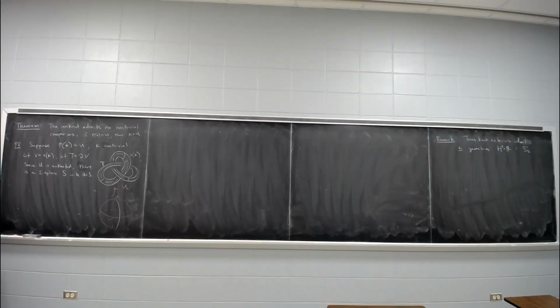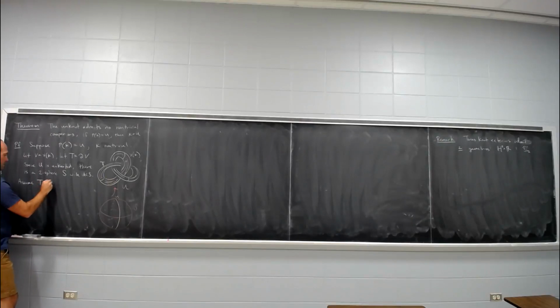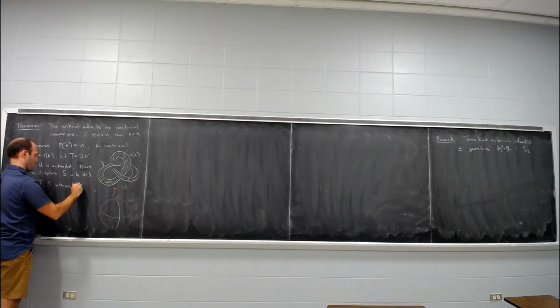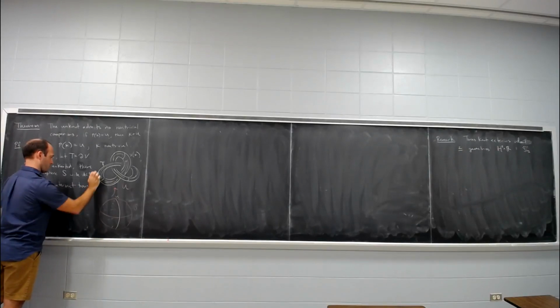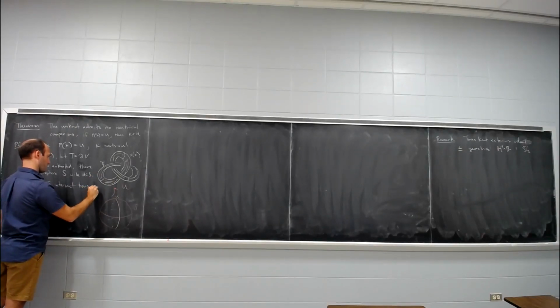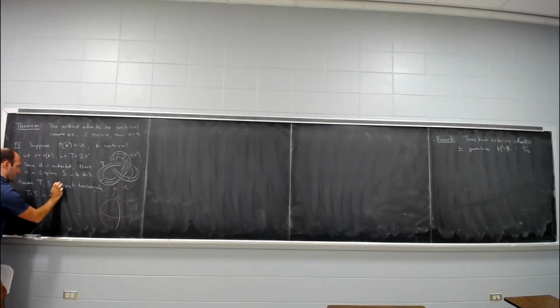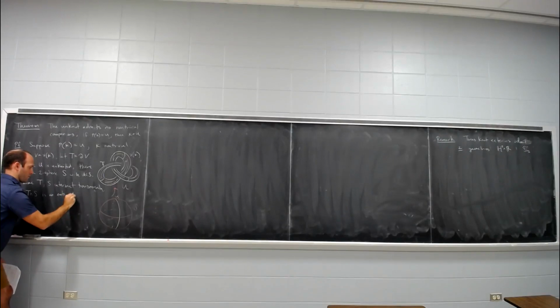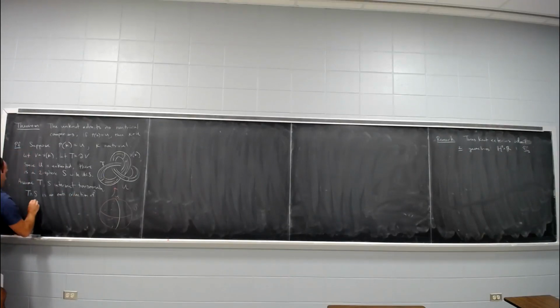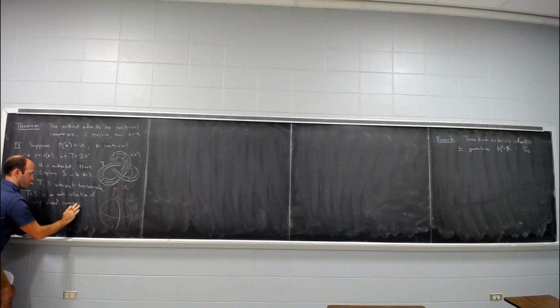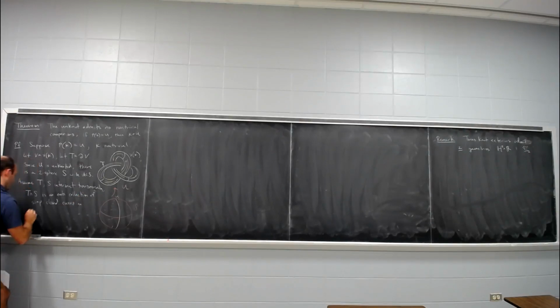Okay. So if we assume that T and S intersect transversely, then what we get is that T intersect S is an embedded collection of simple closed curves lying on both of these guys, right?